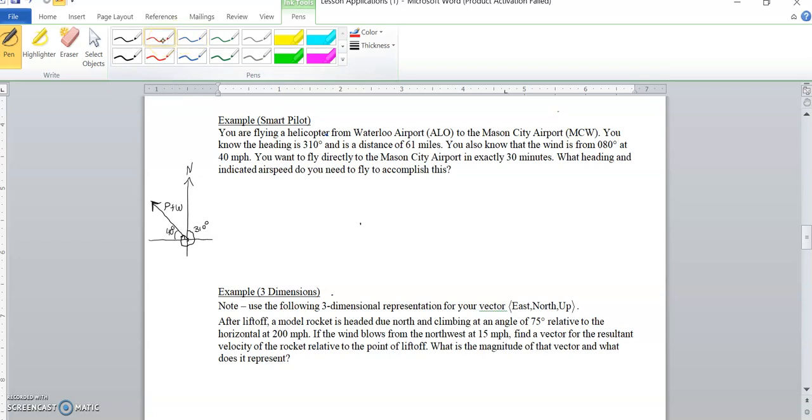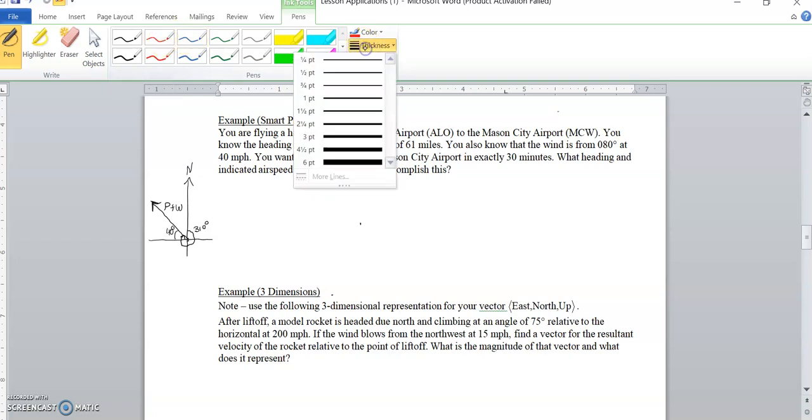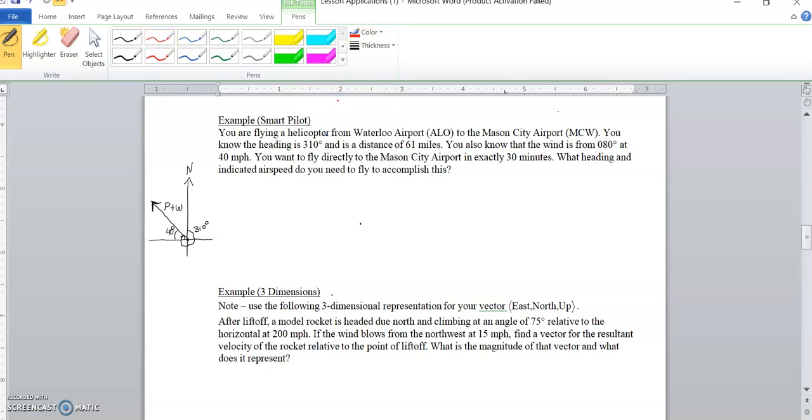We'll call it red. Our wind vector is next. That says the wind is from 80 degrees at 40 miles an hour. Again, just like the other example we just got done doing, remember 80 degrees, so I'm going to draw a dotted line.